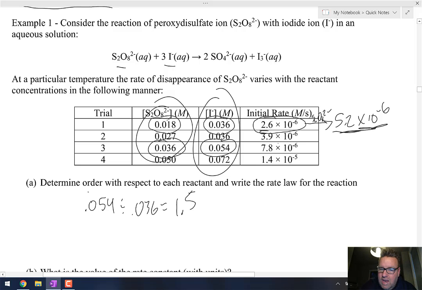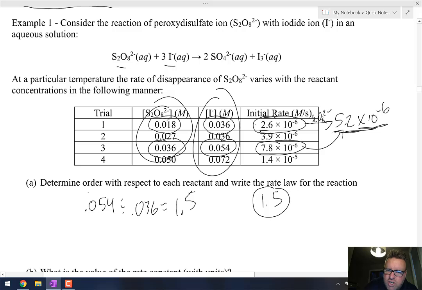Now, do the same thing here. Take this 7.8 times 10 to the minus 6 and divide by 5.2 times 10 to the minus 6. Or, if you can figure it out in your head, 5.2 times 1.5 equals 7.8. So therefore, the rate, after we take into account S2O8 2-, is also going up by a factor of 1.5.